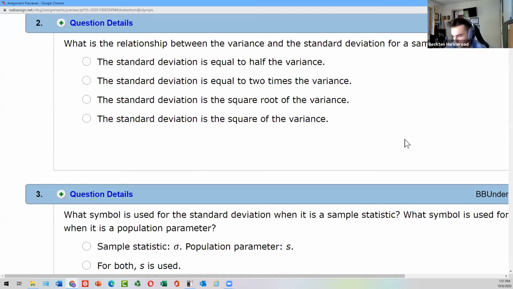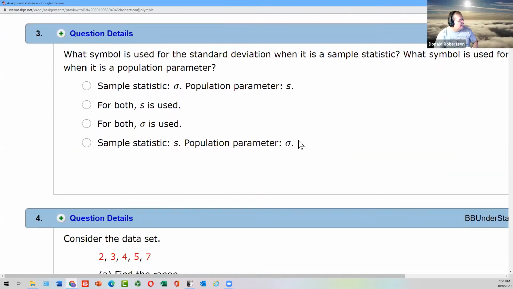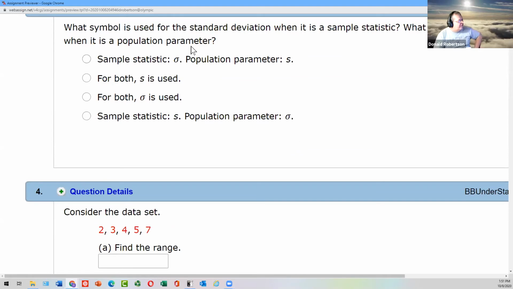I think it's C, the third one. And you are right, it is. I did mention this. You remember that funny little sigma and the S? The sample statistic is S, the population parameter is sigma.